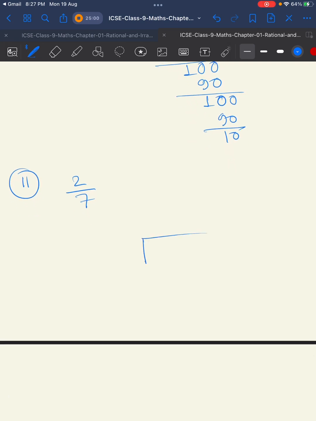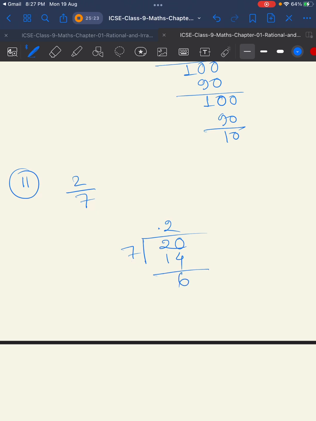Now we divide 2 by 7. Here 2 is lesser than 7, so we take a point in the quotient and put 0. 7 2s are 14.